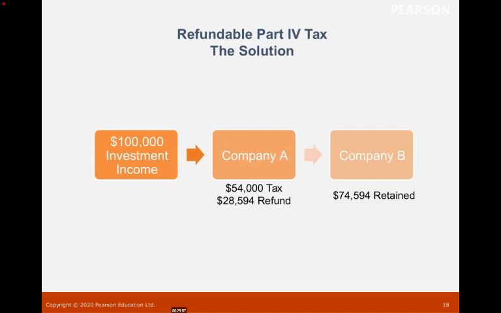Now we got another one of these. We've got another refundable one. This one is called, we're skipping ahead to part 4 tax. So this is the next one that we're going to talk about. So let's go ahead and talk about this one.